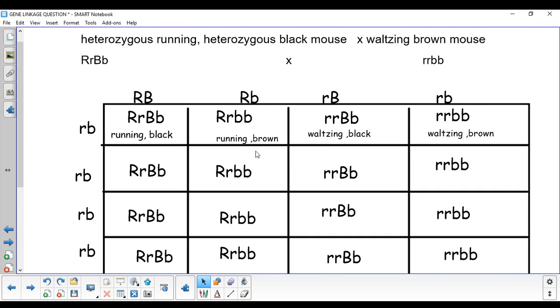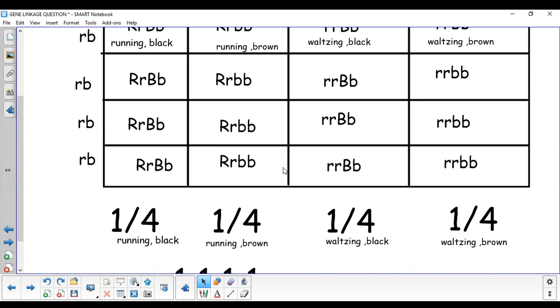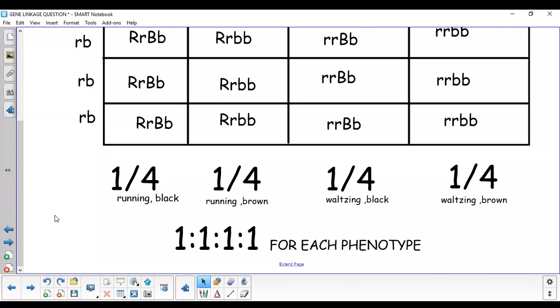This is a test cross of a heterozygote being crossed with a known homozygous recessive. So how do we determine gene linkage? We determine gene linkage by doing this test cross and looking at the phenotypes of the resulting offspring.